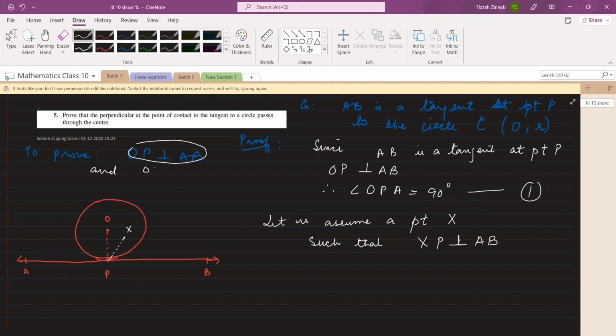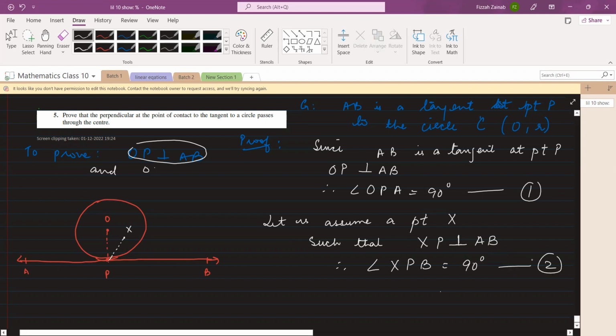OP is the only line which will pass through the center. Is that okay? So I'm taking an imaginary point X such that XP is perpendicular to AB. And if XP is perpendicular to AB, therefore the angle XPB has to be 90 degrees, isn't it? Yeah, ma'am. Okay. So I call it result number 2.